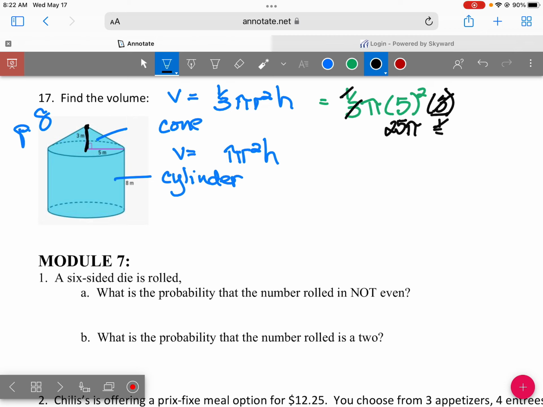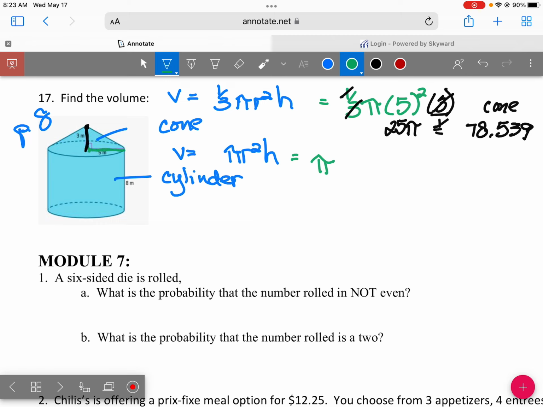What are we getting, guys? Okay. 78.539. All right, so then that's the volume of the cone. So now we look for the volume of the cylinder, which is pi r squared.